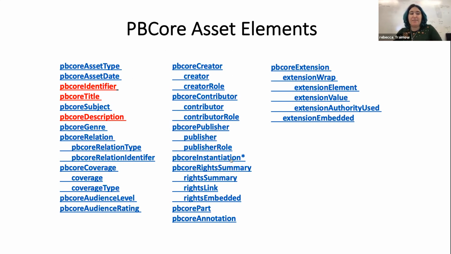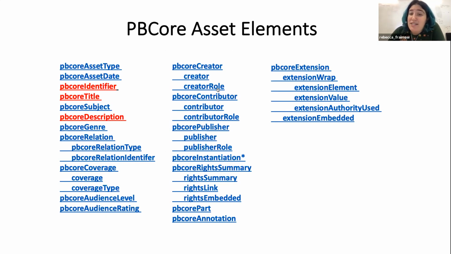To illustrate this concept, I think creator and contributor are useful small building blocks that work the same way. So if you're talking about a creator, let's go back to our Star Wars example and say we want to say that George Lucas was the director of the film. So for PBCore creator, I'd say that the creator was George Lucas and the creator role was director.